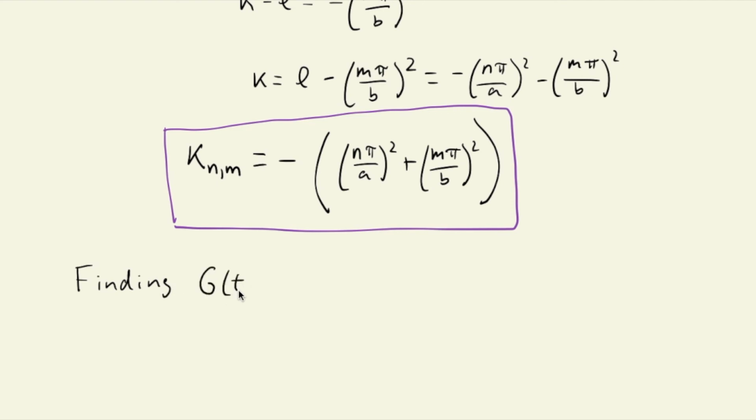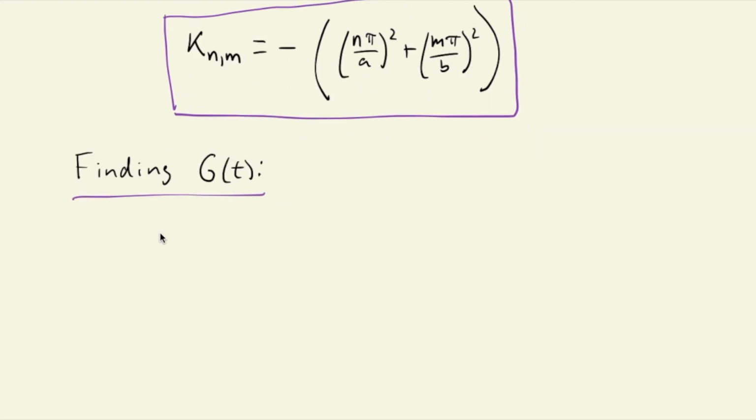G of t. So g had to satisfy this differential equation. G dot dot of t is equal to, what was it? It was c squared and k and g of t.